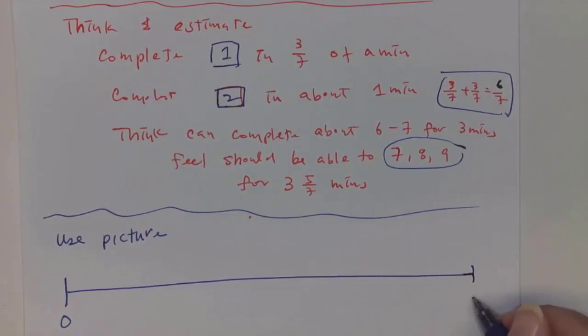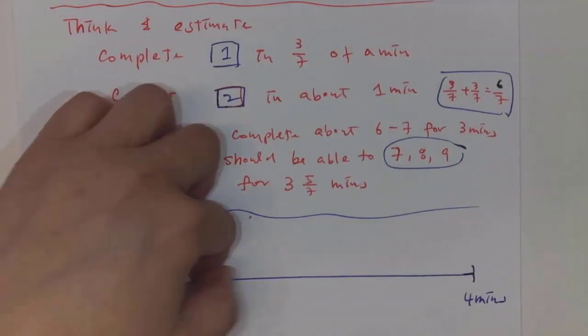So let's go to the next whole number, which is 4 minutes. But I need to locate 3 and 5/7, which means each minute I need to cut it into 7 equal parts. But let's cut it into 4 equal parts first.